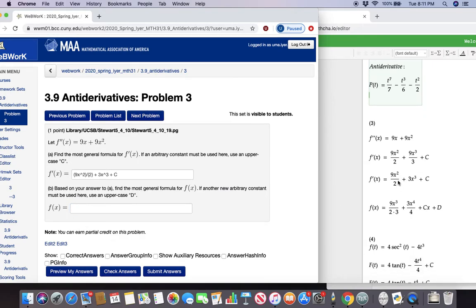Now, what about going back to f itself? This is the derivative. How do I get f? I get it by taking the antiderivative. So 9 over 2, x to the power 2, increase the power by 1, divide by the new power. Here, 3 continues to be 3. What about x to the power 3? Increase the power by 1 and divide by the new power.